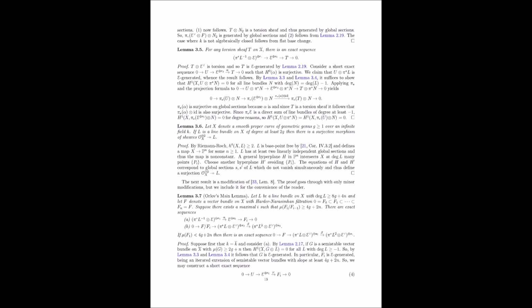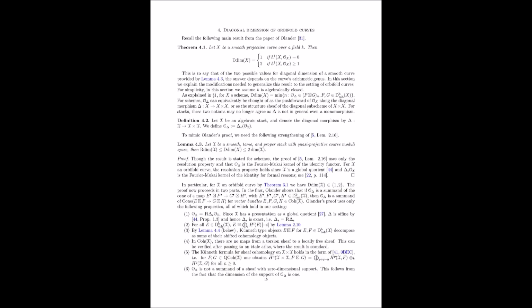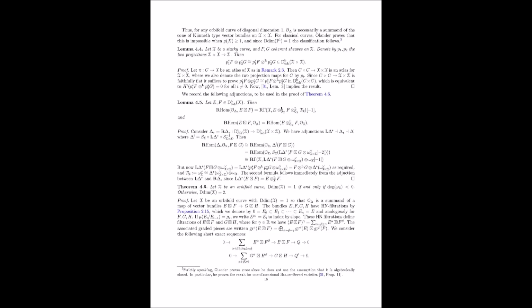That lemma is crucial. It acts as a bridge, allowing them to leverage the well-established results for smooth projective curves and apply them to the realm of orbifold curves. The proof also involves a deep dive into Harder-Narasimhan filtrations and the construction of exact sequences, demonstrating how any object in the category can be obtained from this cleverly constructed H. They break down the proof into 2 separate cases, torsion sheaves and locally free sheaves.